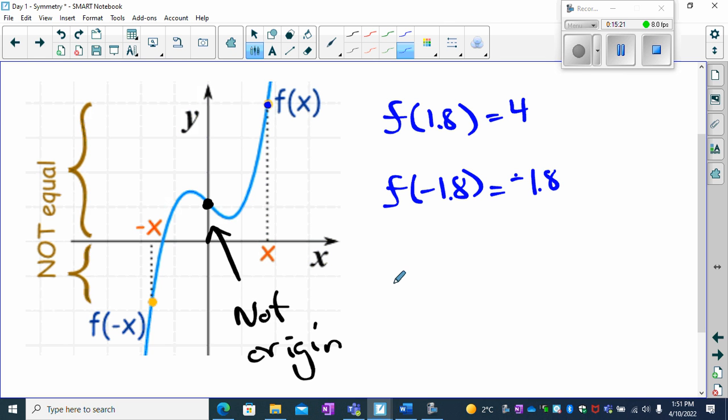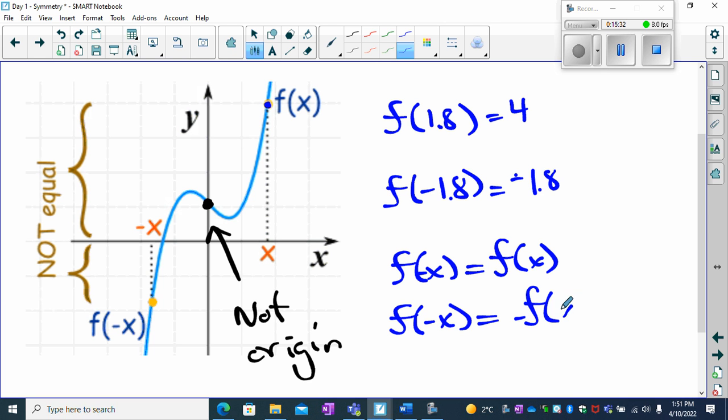I can't say that f at negative x equals f at x, or that f at negative x equals negative 1 times f of x. In order for it to be even, this answer would have to say 4. In order for it to be odd, this answer would have to say negative 4. It doesn't say either of those. Therefore, it's neither odd or even.